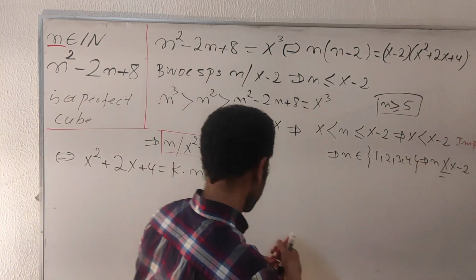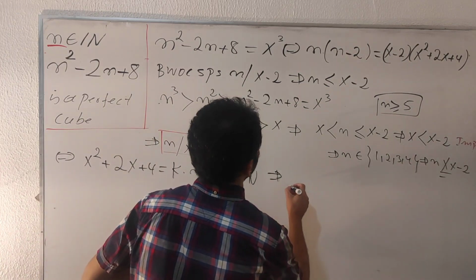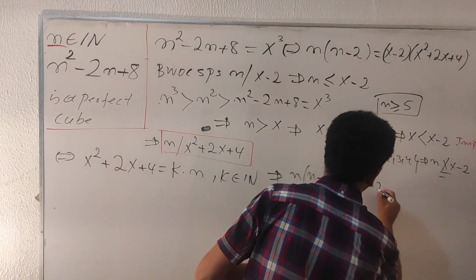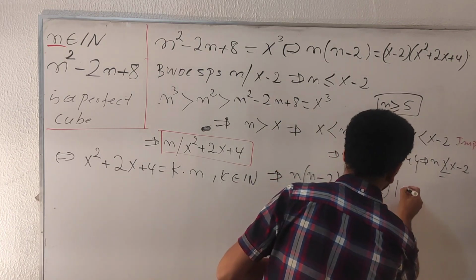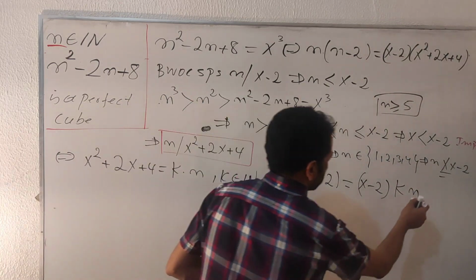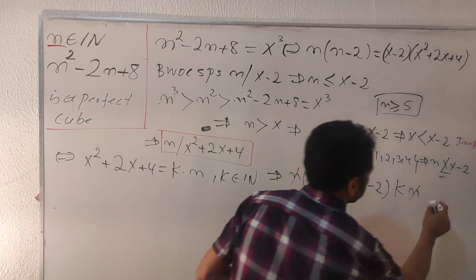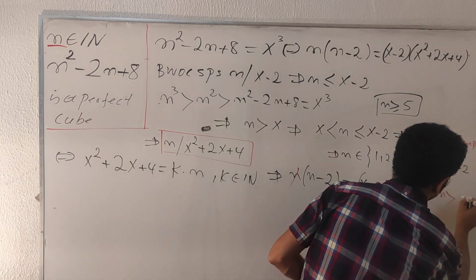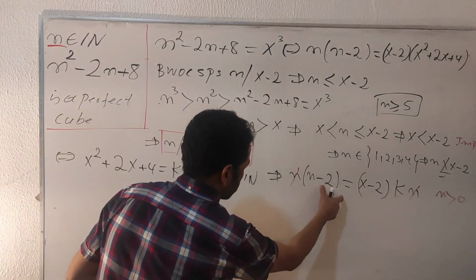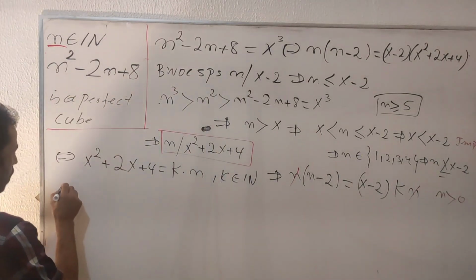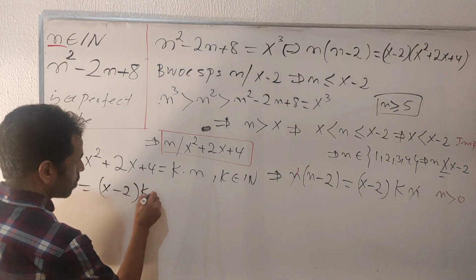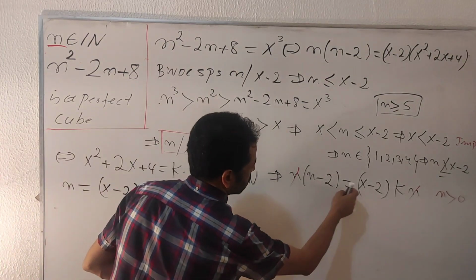I get n times n minus 2 equals x minus 2 multiplied by kn. Then n cancels out, since n is strictly greater than 0 because it's a natural number. Now I'm going to simplify this more. After taking minus 2 to the right, I get n equals x minus 2 times k plus 2.